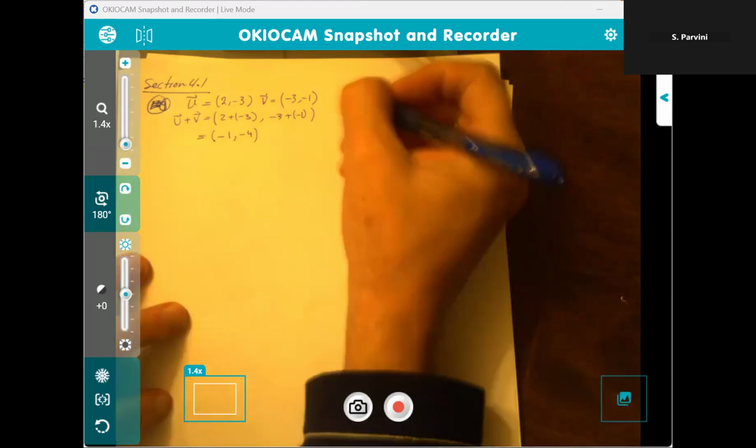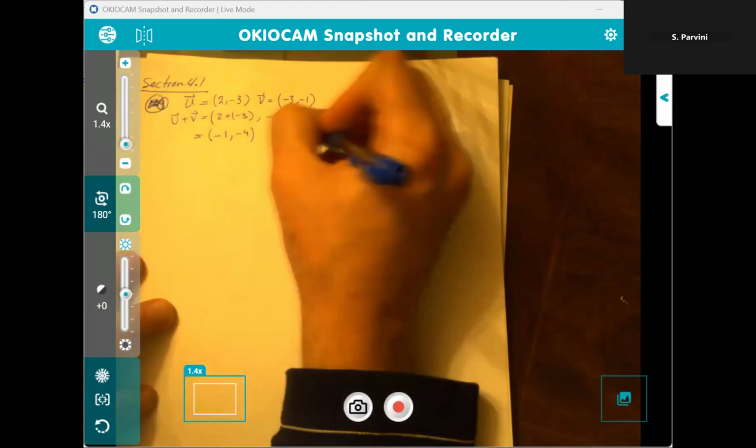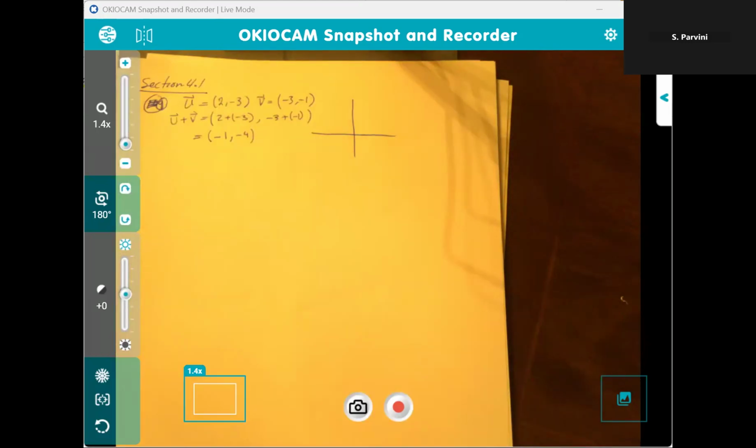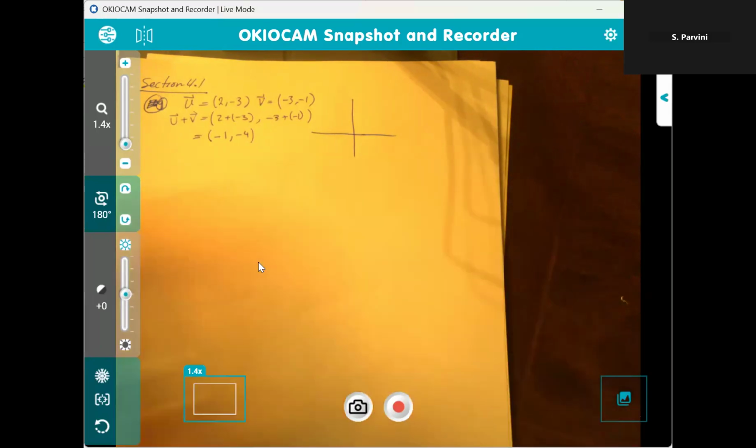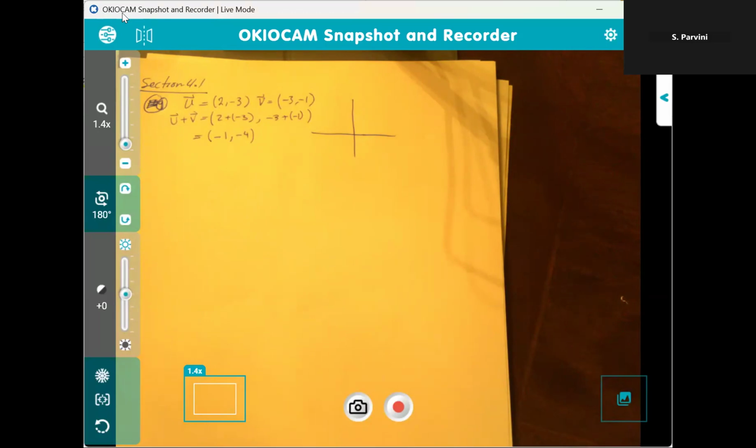Let's do this. We're going to look at U plus V. I want to make sure you can see. All right, so we're going to do U plus V. Vector U is 2, comma, -3, so X is positive, Y negative.